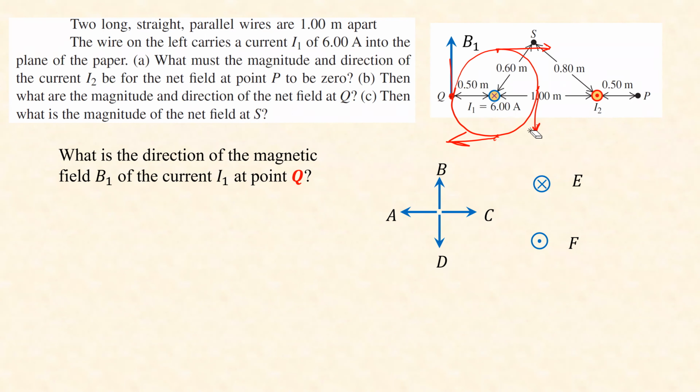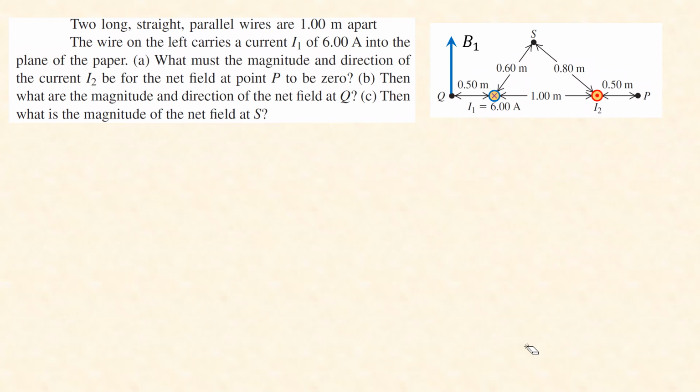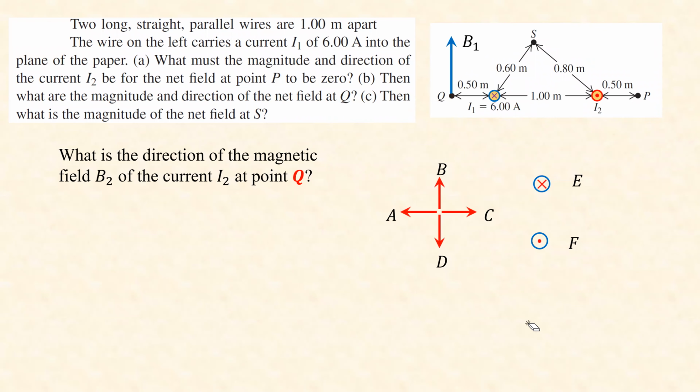Okay, so let me get rid of these. All right. And then what is the direction of magnetic field B2 of the current I2 at point Q? It would be the opposite. So D. Yes, D, very good. So again, you put your thumb in the direction of I2 and the field is circulating in the counterclockwise direction.